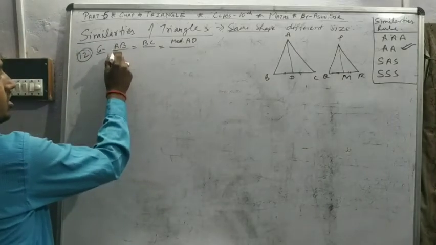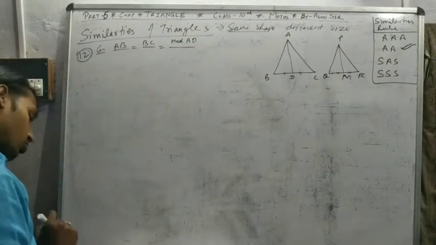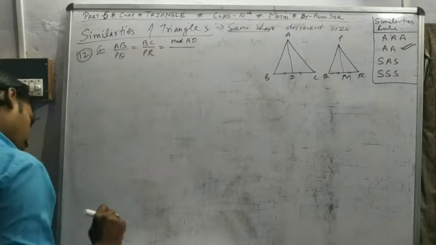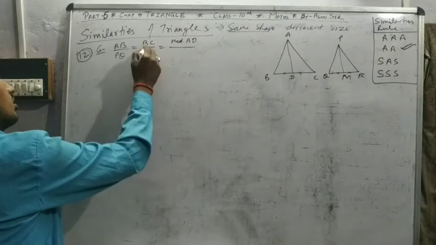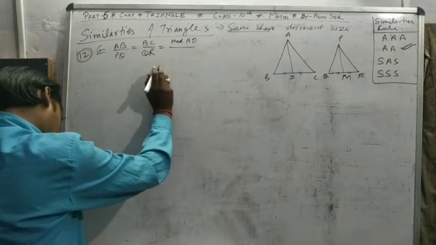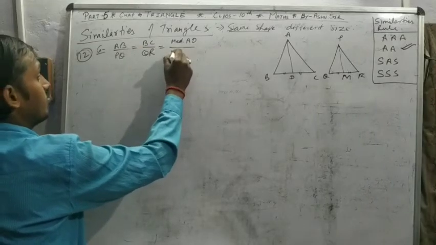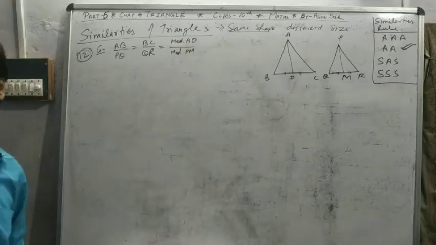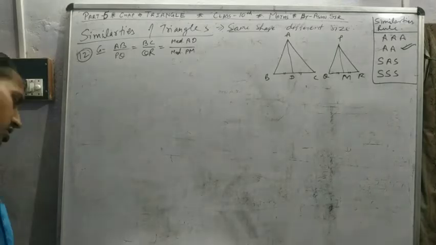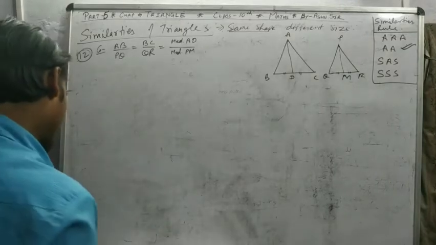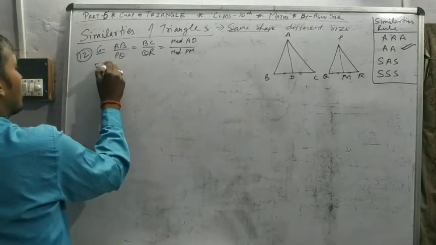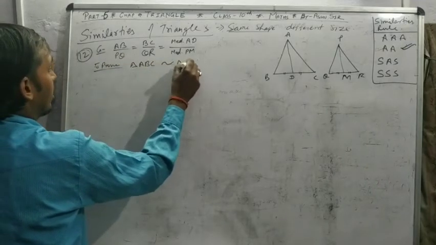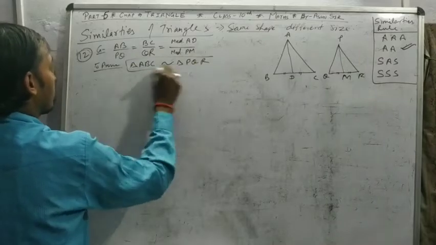So it is proportional to the sides of the second triangle, PQ, QR and median PM. Here only for showing we write the median PM, otherwise we can directly write PM. We want to prove that triangle ABC is similar to triangle PQR.